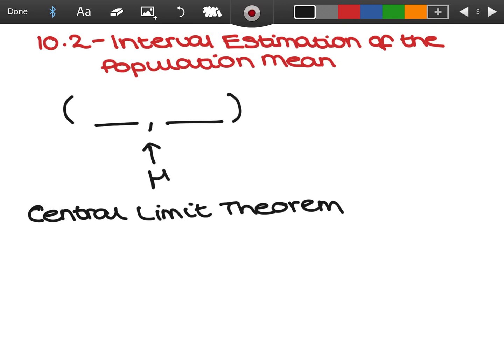Now, we know that if we have a sample of size greater than 30, then the sample means have an approximate normal distribution.